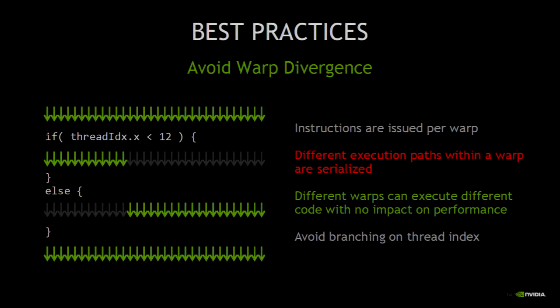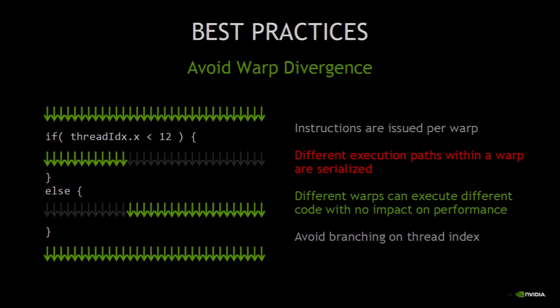In this conditional statement, let's say only 12 threads of the warp will enter the if statement, and the rest will enter the else statement. What will happen on the GPU is that in the first case, the whole warp will be executing the if statement, and the rest of the threads that are not participating will be idle, doing nothing. And then the else statement will be executed in the same fashion.